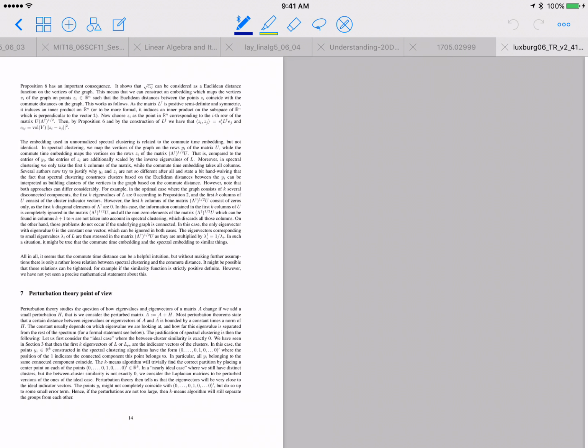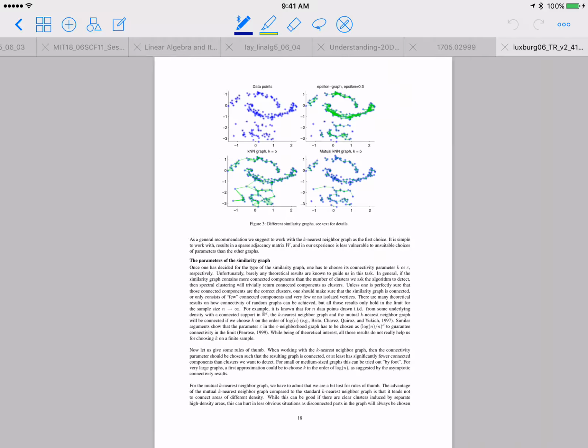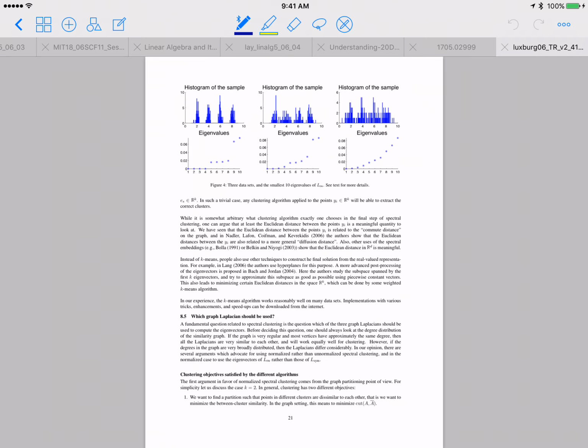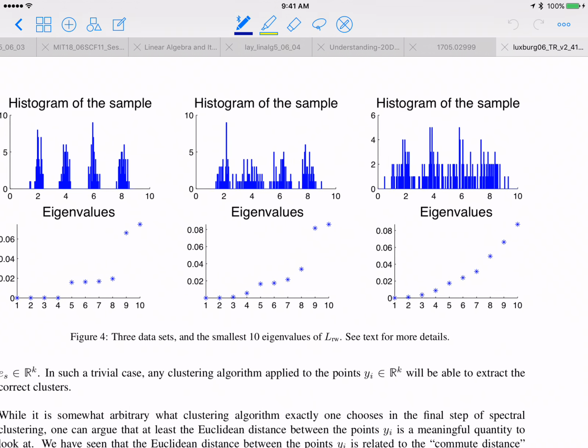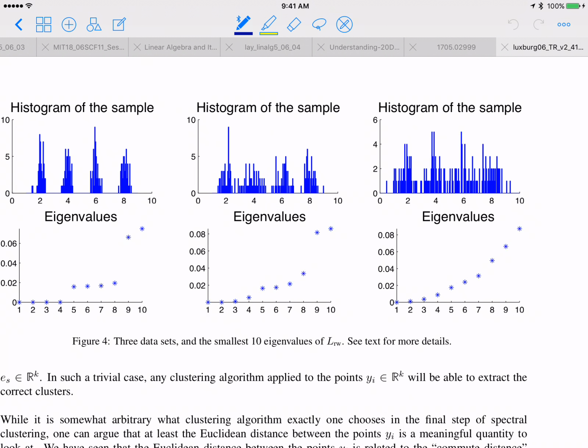So in practice, let's see if I have okay, so this is some example or some experiments using some synthetic data. This is just one-dimensional data.